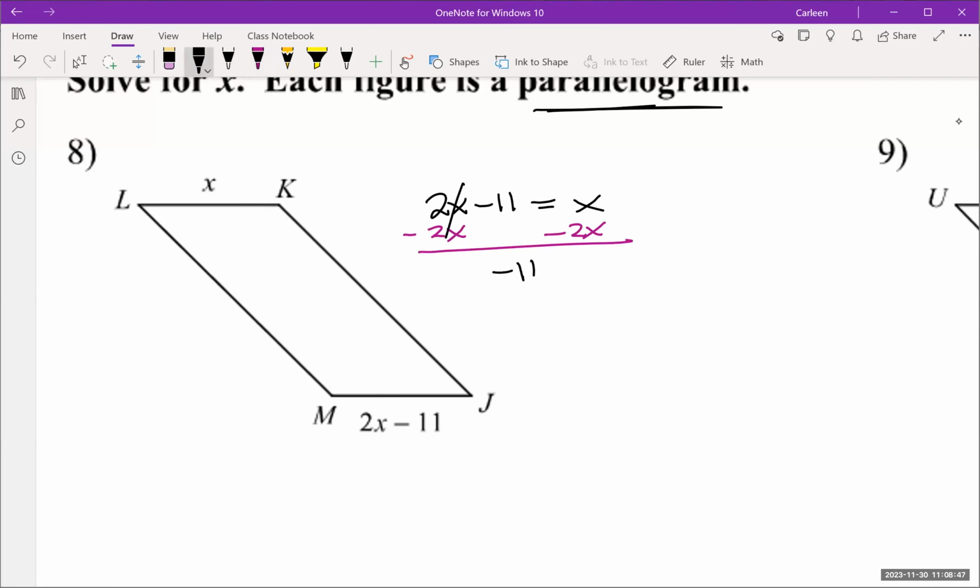So negative 11. How do I do x minus 2x? I've got to put an invisible 1 there with the calculator. Negative 1x. So now I'm going to divide by negative 1. X is equal to 11.